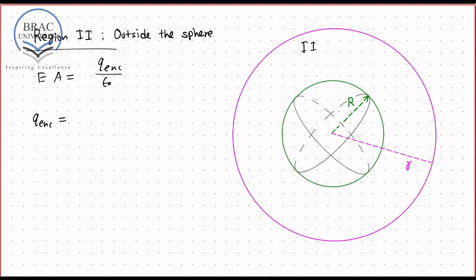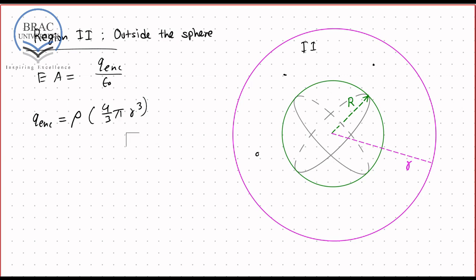Now, what is the charge enclosed? Well, the density rho is uniform, and you could say that the volume is 4 by 3 pi small r cubed. But wait a minute, small r cubed is a larger sphere, but there are no charges here or here or here. Charges are only inside this solid sphere.